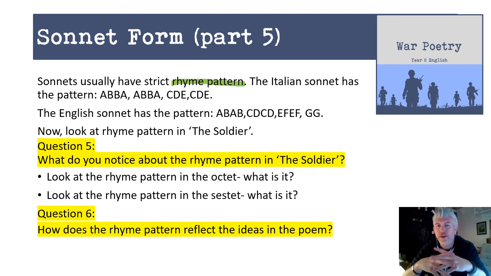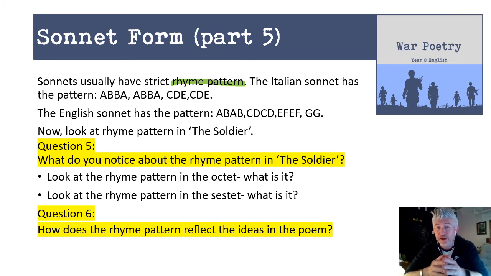For question 5, I want you to look at the rhyme pattern. We labelled the rhyme pattern at the beginning of the video, so you can go back if you want to. Look at the rhyme pattern in the octet, the first 8 lines, and what is it? And then look at the rhyme pattern in the sestet, and what is that?